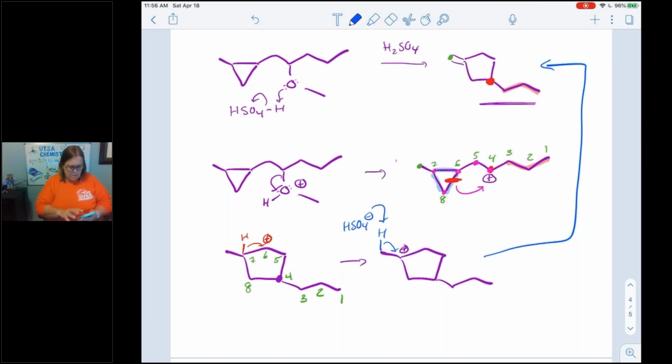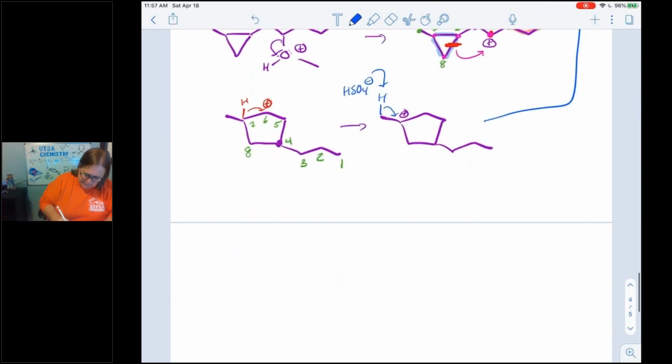I had a question. Whenever you see the carbocation on a secondary, it's secondary, would we do the hydride shift? Okay, so a couple of things. First of all, only if you can move a tertiary hydrogen over.